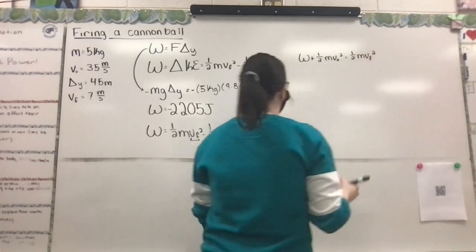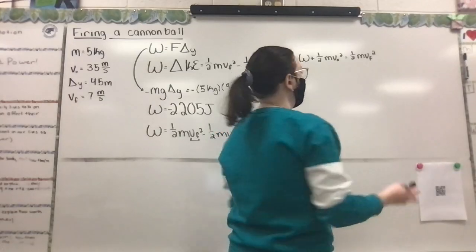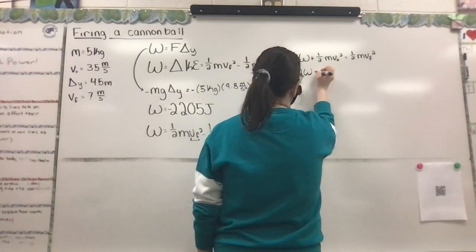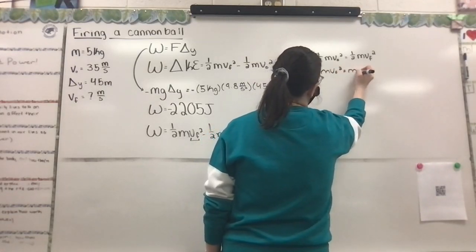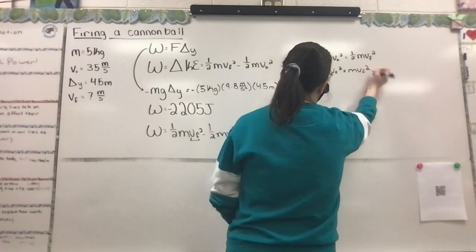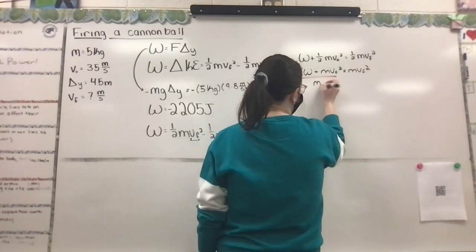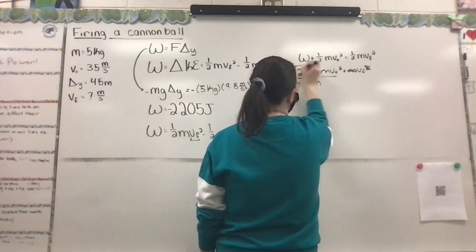Okay, now what do we do? Multiply by 2. That's going to become 2w plus m v naught squared equals m v final squared. What do we do now? Divide by m, and then what's our final step? Take the square root.